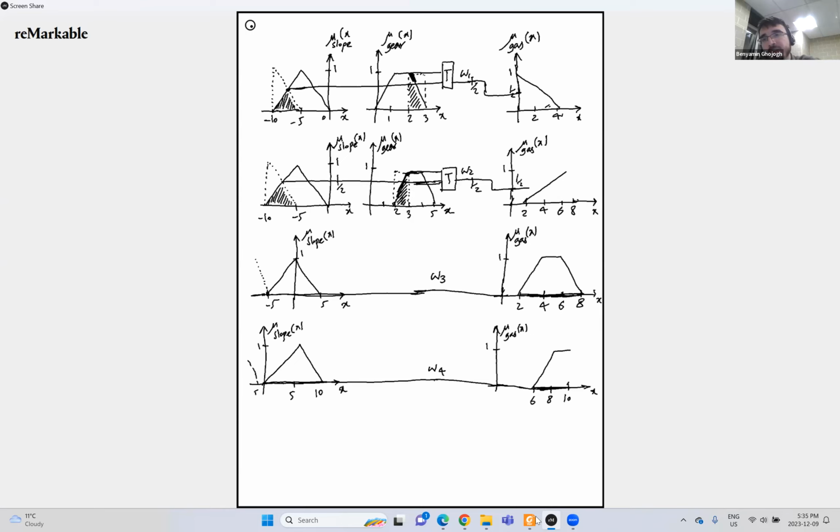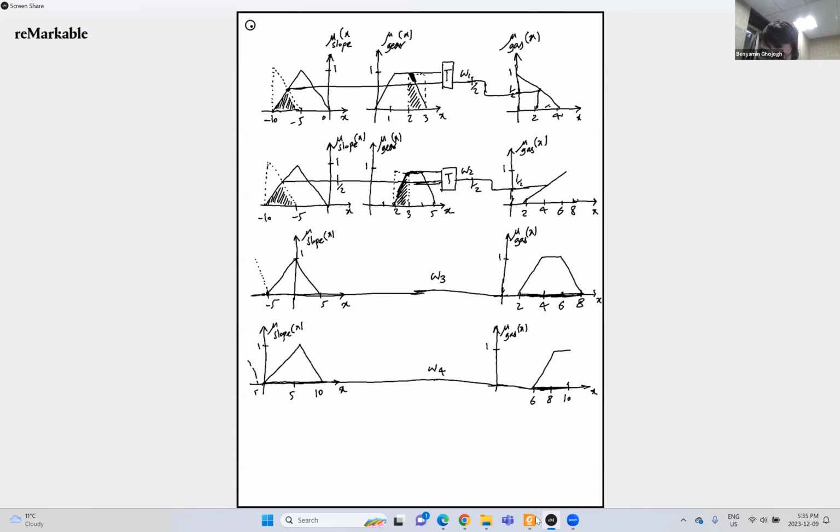If in the exam I give you Tsukamoto, I will give you a line so you can calculate the intersection easily, right? Or the inverse easily. So here, for example, we do this and then we find the inverse. How do we find the inverse in this case? Let me solve one example for you and the rest I will leave to you.